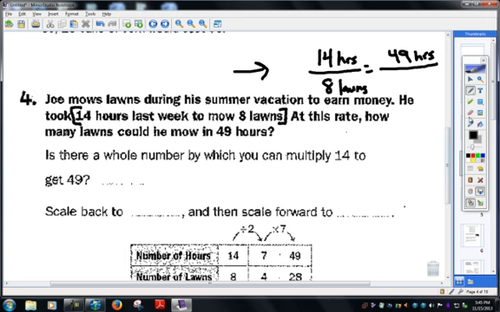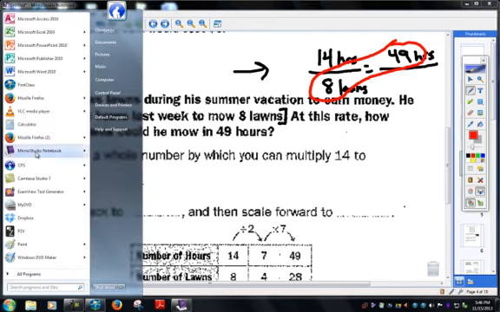Regardless, so what we would do in this, we would look and say, okay, is there 14 times anything that'd give me 49? No, there's not a whole number anyway. So now we could use the method I taught you on review sheet number 13 where we cross-multiplied and then we divided. Okay, so when I do that, let me get my calculator out here.